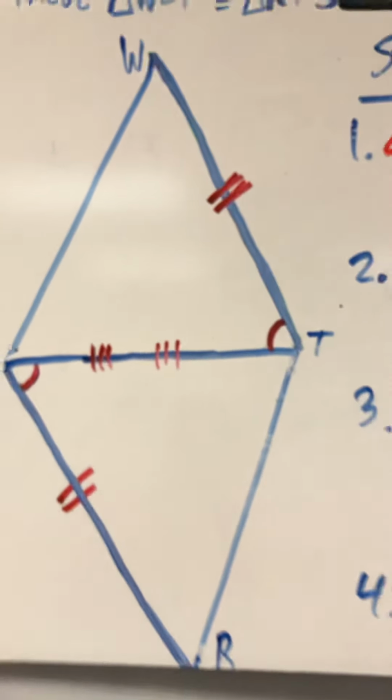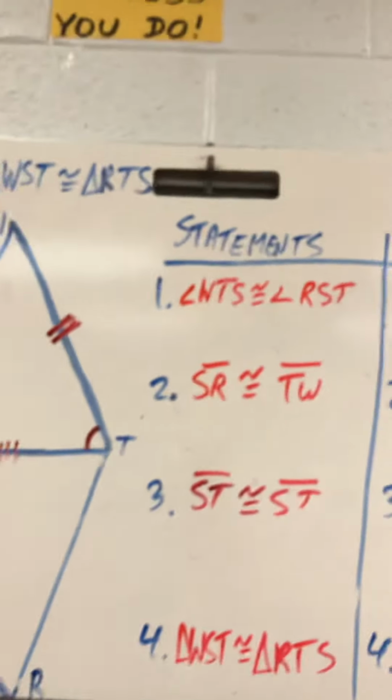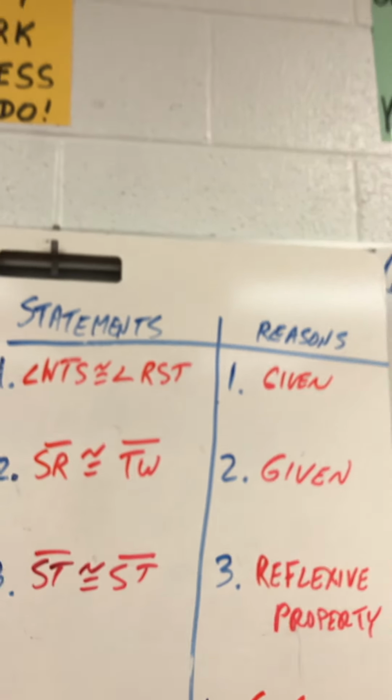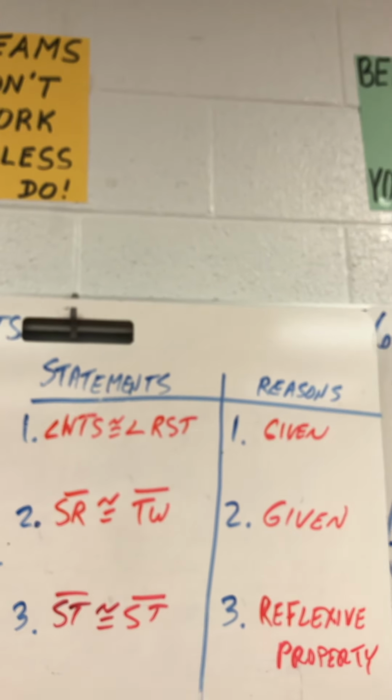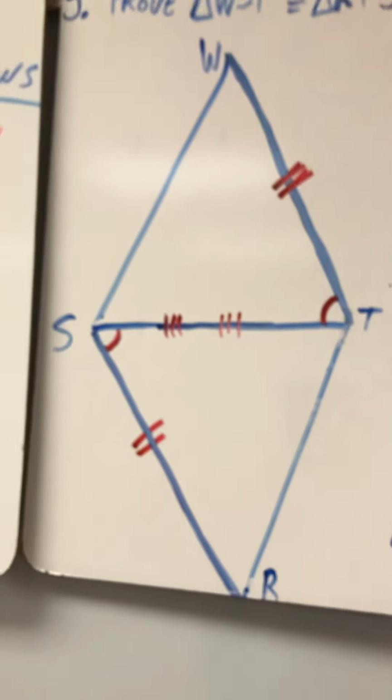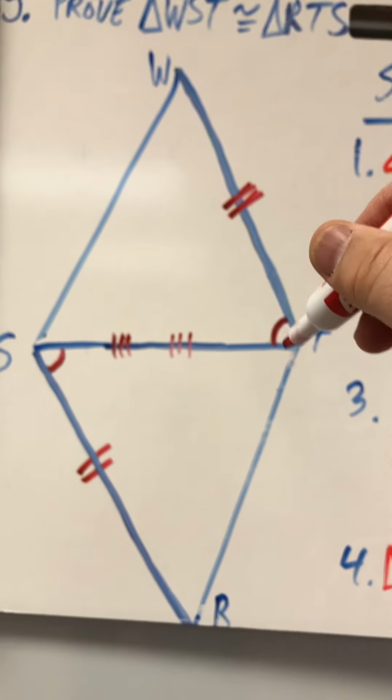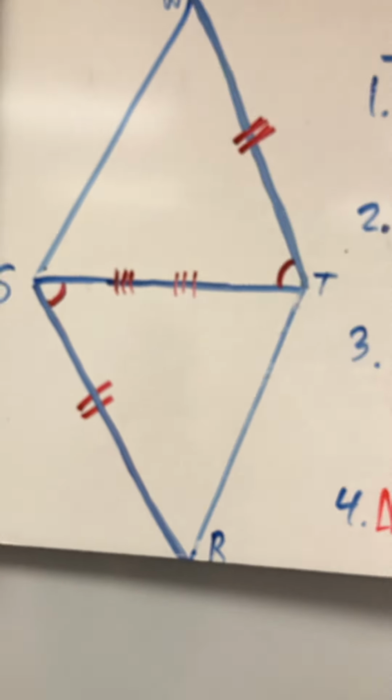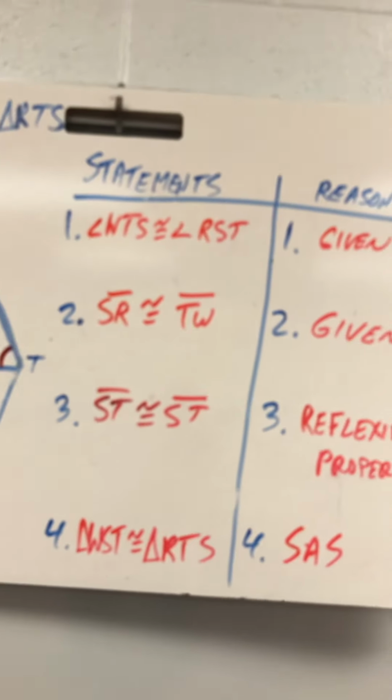That's the reflexive property. ST is congruent to ST, or TS congruent to TS, either way. And then I'm going to say that the two triangles are congruent to each other. I have side, angle, side. SAS.